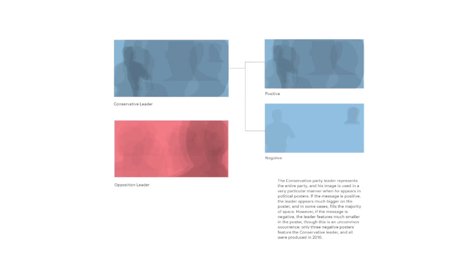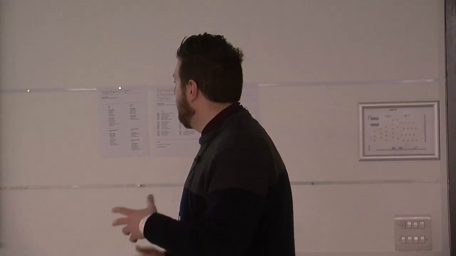If they're negative, the Conservative leader will appear much smaller, as you can see on the bottom one, these are of Cameron appearing much smaller. Generally speaking, the Conservative leader doesn't really appear in negative messages, as you can imagine, because it would have bad connotations. And if the opposition leader is featured, he will generally be much bigger as well, because they'll be attacking him.